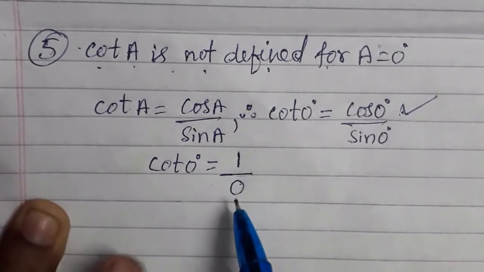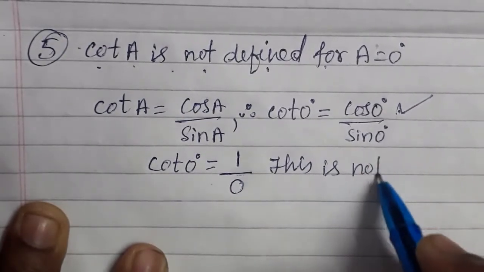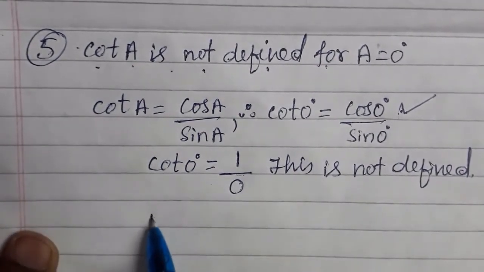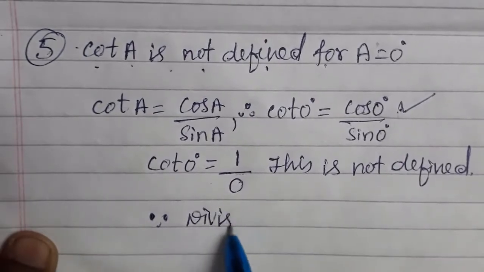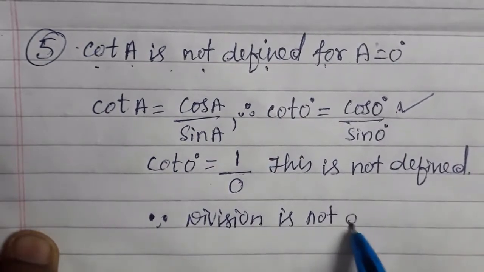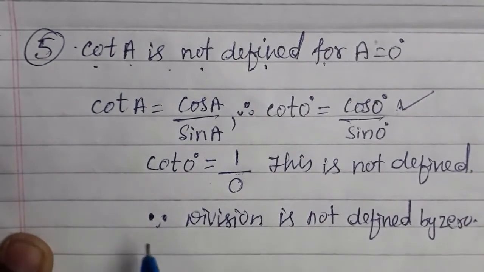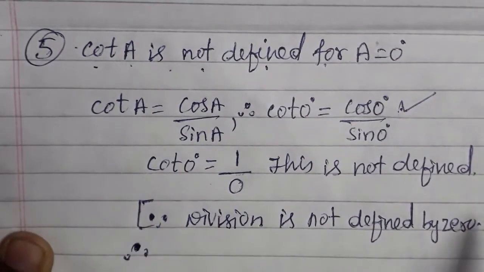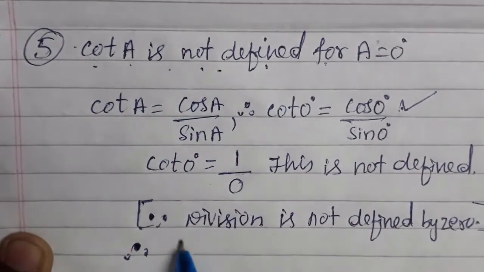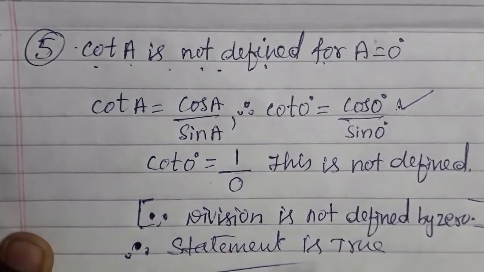So cot 0 degree I got 1 by 0. This is not defined. Why is it not defined? Because division by 0 is not defined. Therefore, cot 0 is not defined, which means the statement is true.